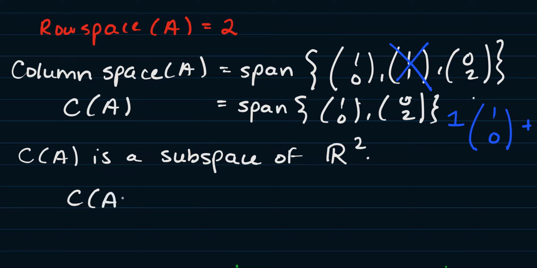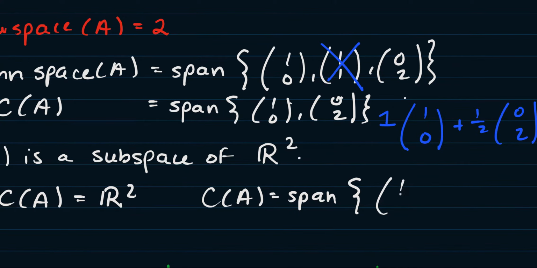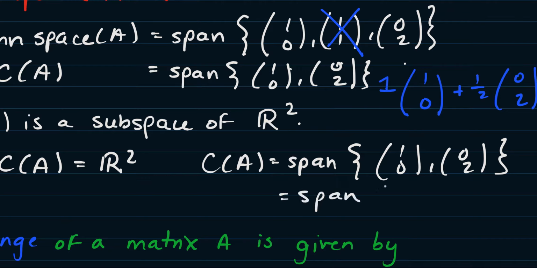The column space is actually R2 because it's a subspace of R2 that has a basis of two elements, but R2 has a basis of two elements. Any subspace of R2 would have to have less elements in the basis. Also notice that the column space, which is a span of 1, 0, 0, 2, is the same thing as the span of 1, 0, 0, 1, because this is just a linear combination of that one.